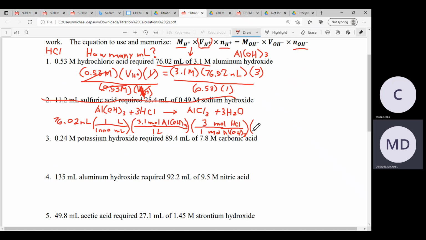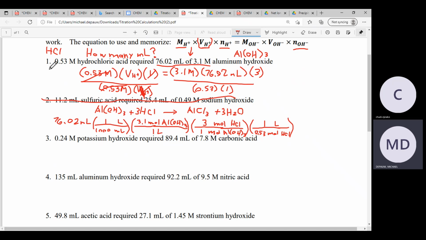And then I can use my molarity of HCl to convert moles back to liters. So moles of HCl per liter. So 1 liter is equal to 0.53 moles, because molarity means moles per liter, or moles per 1 liter.